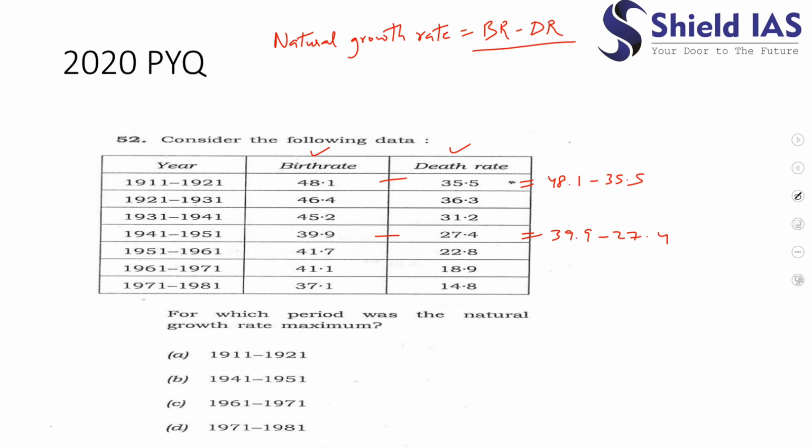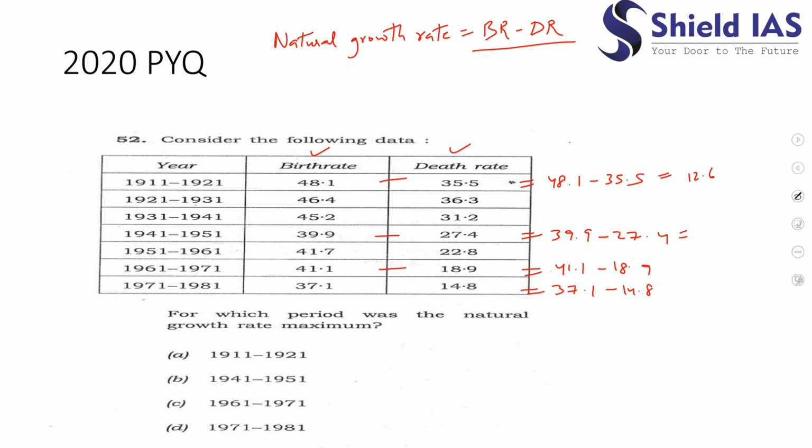Next option, 1961 to 71: 41.1 minus 18.9. And the last option is 37.1 minus 14.8. Let us see what the values are. The first would come out to be 12.6.